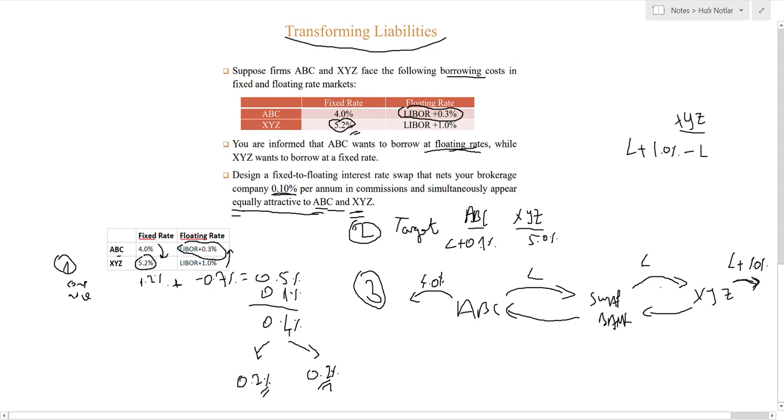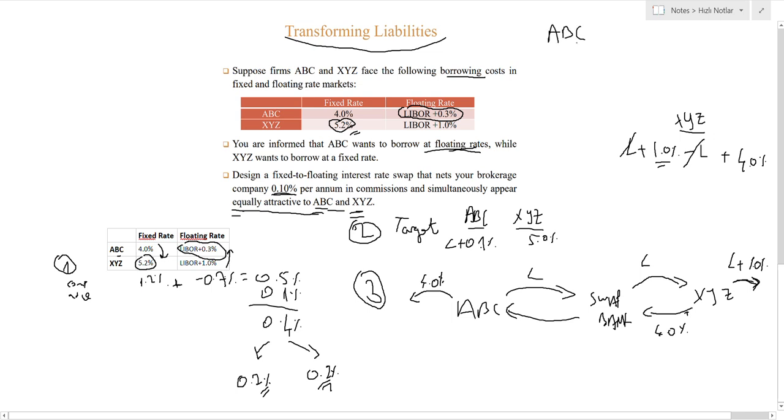This arrow, if it gets out from this company, will be plus. So what was our target? 5%. Plus LIBOR and minus LIBOR are gone. We have 1%, so we need to add 4%. This will be 4.